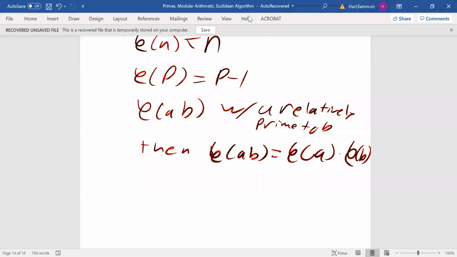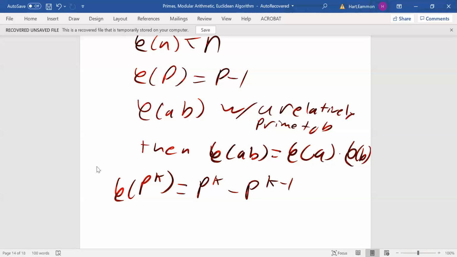And the last very useful thing to know is that phi of p to the k is equal to p to the k minus p to the k minus 1. So basically this is just going to give us a number for all of the multiples of p that are less than it, because those are the only things that will not be relatively prime to it.